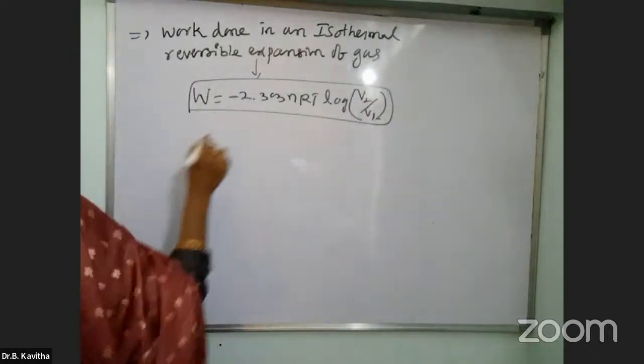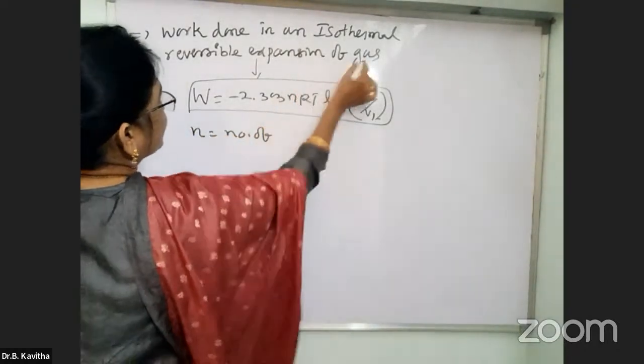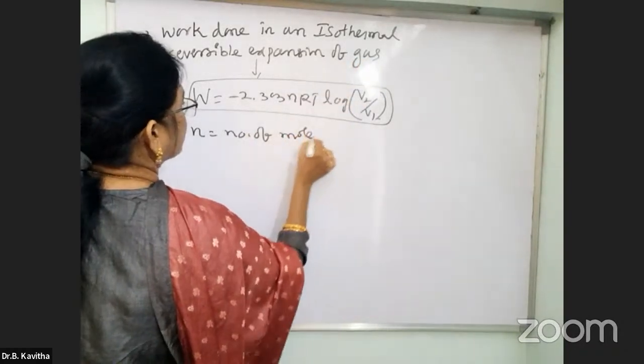Okay, now, n is the number of moles, any moles of gas participating, and you have to substitute the moles.